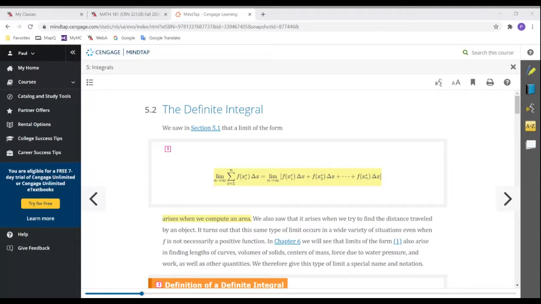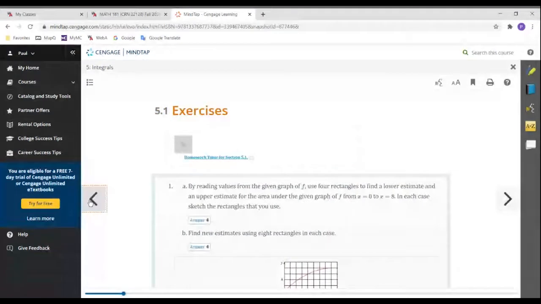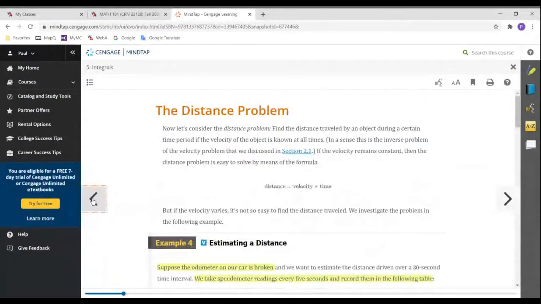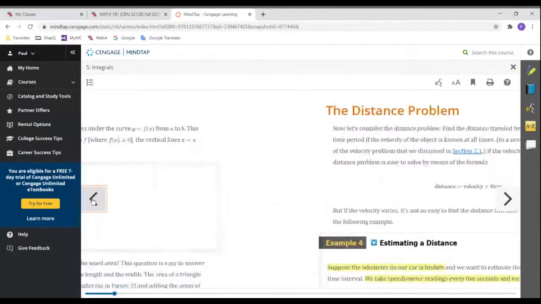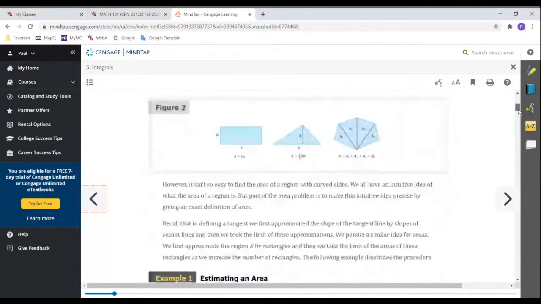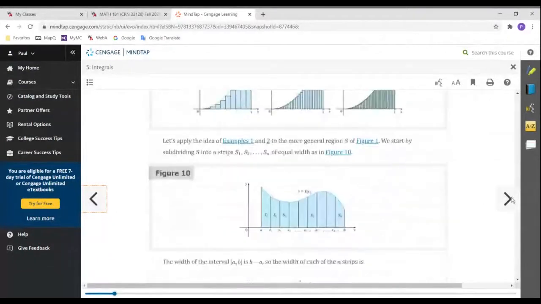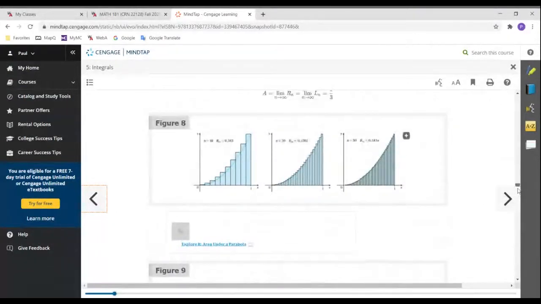So let me just see here, maybe it would help to go back a little bit here, to section 5.1. Yeah, remember this kind of idea?